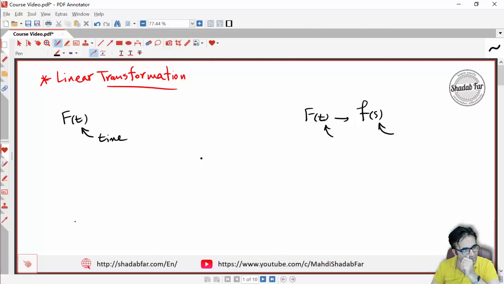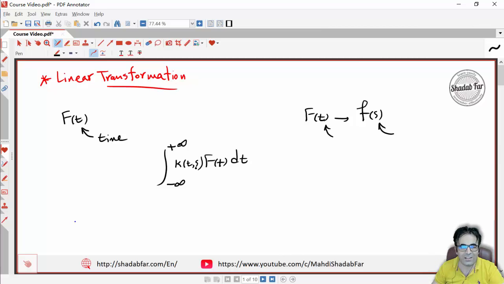Using an integral. For example, let me put it here. This is my function f(t), and I'm going to take an integral from minus infinity to plus infinity, right? But there's another function here. I can call it, for example, K, which is a function of both of these variables, I mean, a function of both t and s, and then I'm going to take this integral with respect to t.